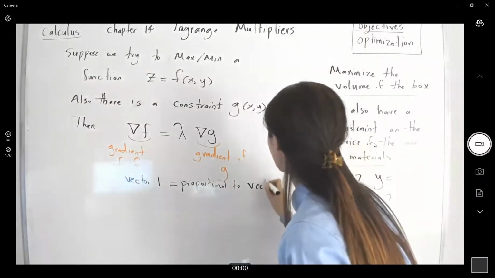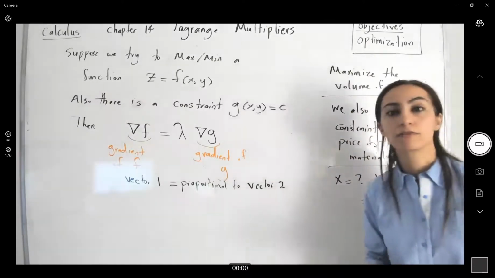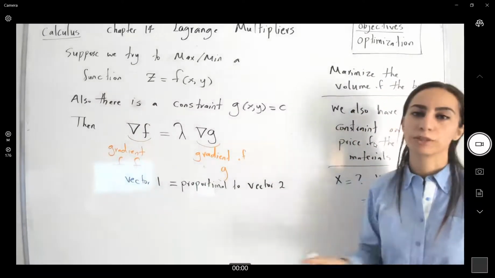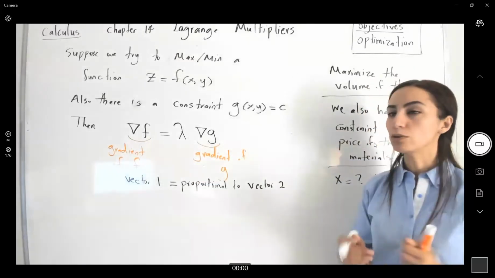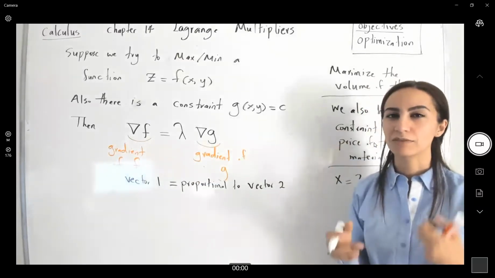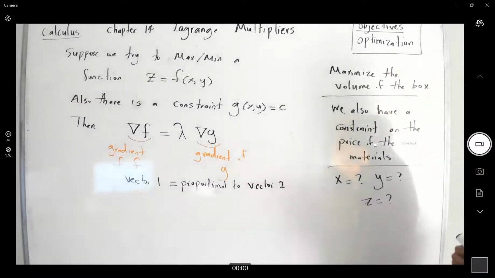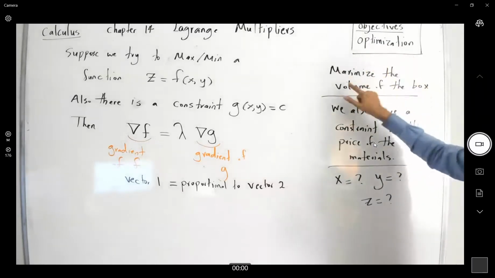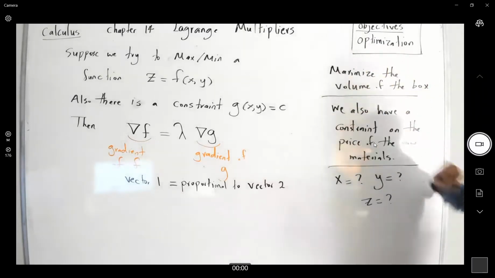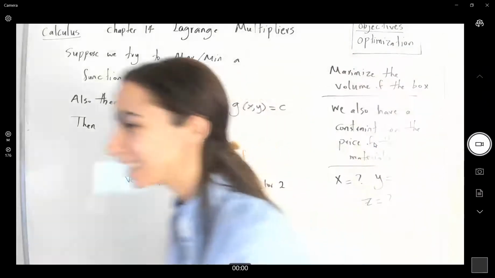Remember that the gradient of a function is orthogonal and perpendicular to the surface at the given point. By setting these two equal to each other, we can find the points that help us optimize this question, how to maximize the volume by using the price constraint and so on.